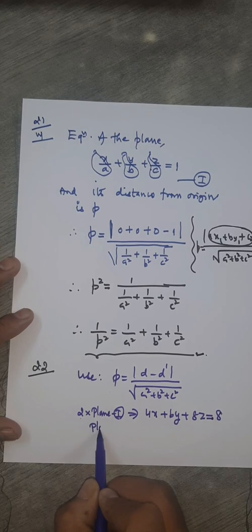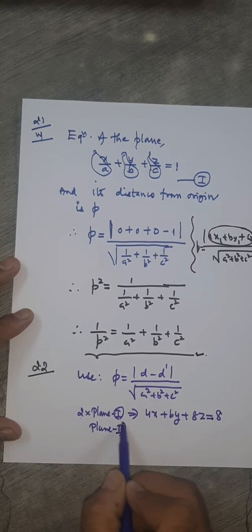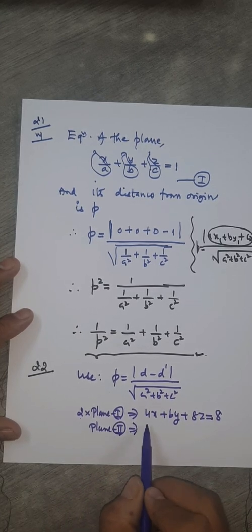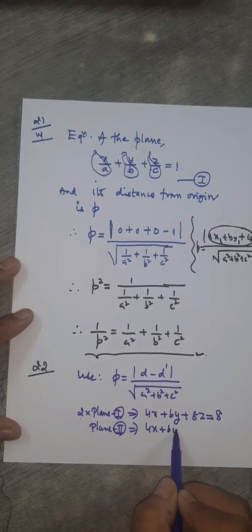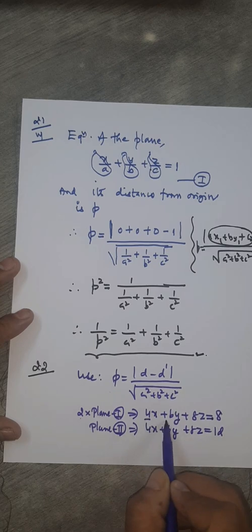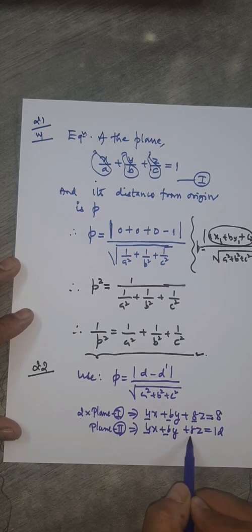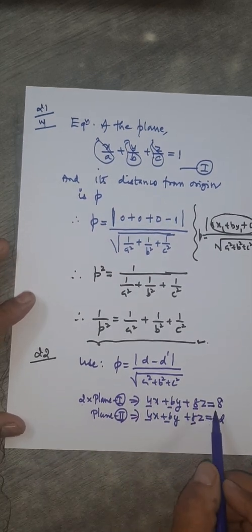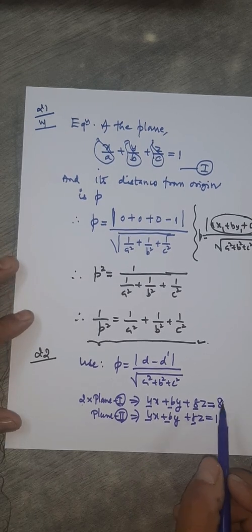And the second plane. These two planes are parallel because the normals are the same. Now you can see 4x plus 6y plus 8z equals 12. Coefficients are equal now, and then you can use this formula. If you had written directly 4 minus 12, it's wrong.